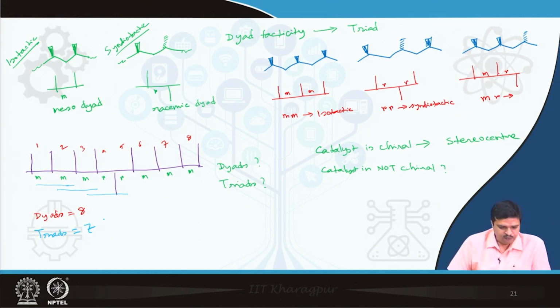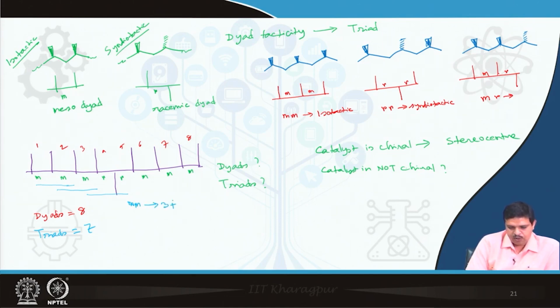Now, find out what type of diads. Here you will see this diad is m. I am first trying diads. So, how many m? 1, 2, 3, and 1, 2, 3.